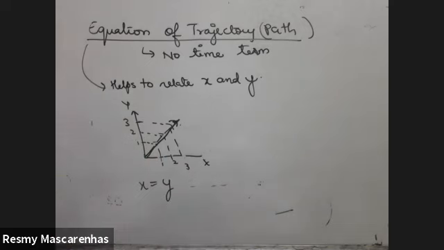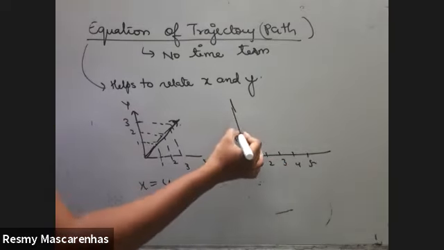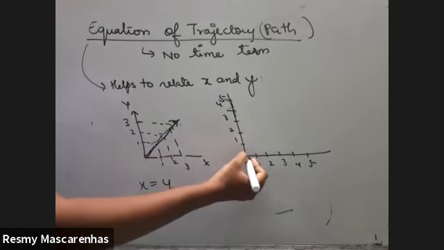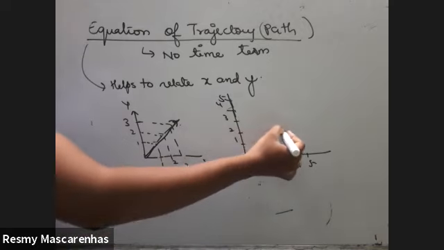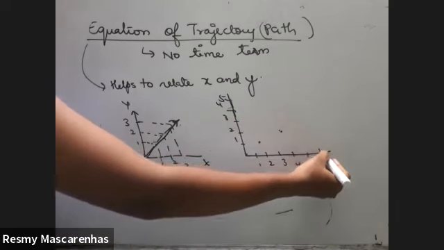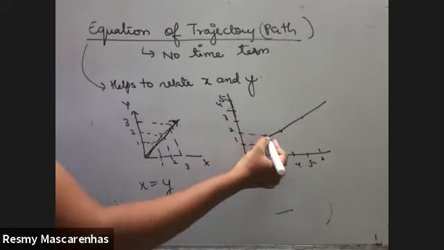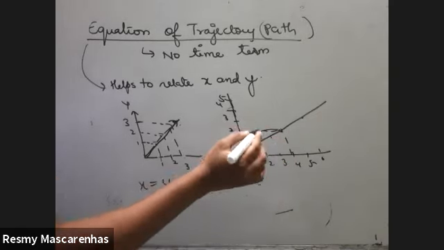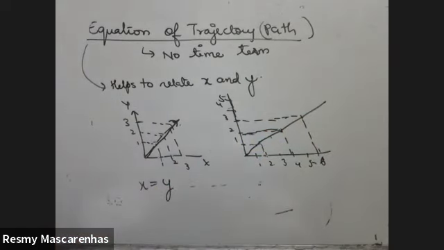Now suppose I have a path like this. Now this is your x and this is your y.